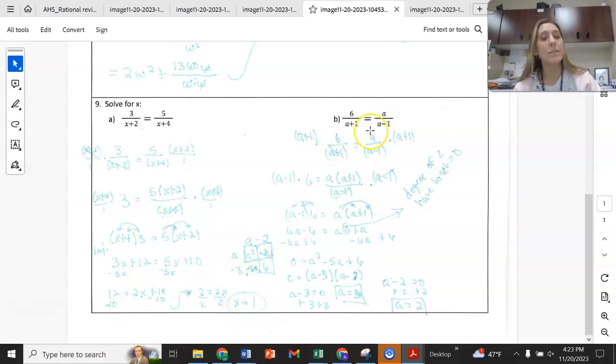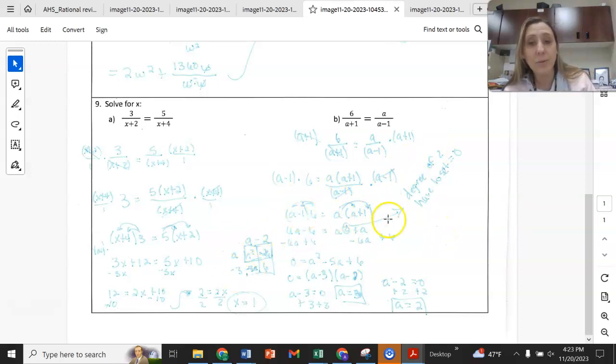Now, this one was a little bit tougher and required a lot more work. So again, we need to get rid of those denominators. They are different. A plus 1 and a minus 1 are different. So I multiplied both sides by a plus 1, and that ended up with 6 equal to a times a plus 1, and then I had to multiply both sides by a minus 1, and that gave me a minus 1 times 6 is equal to a times a plus 1.